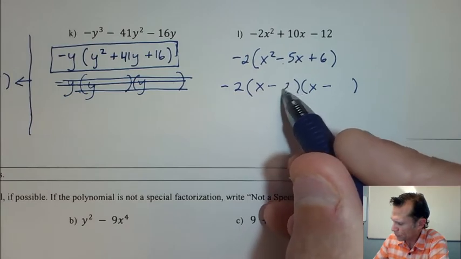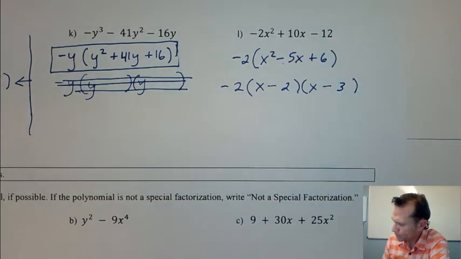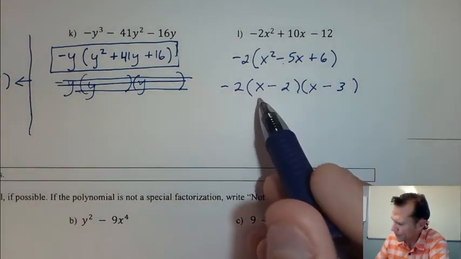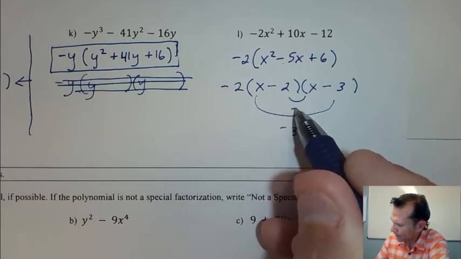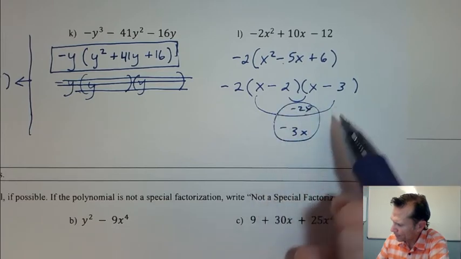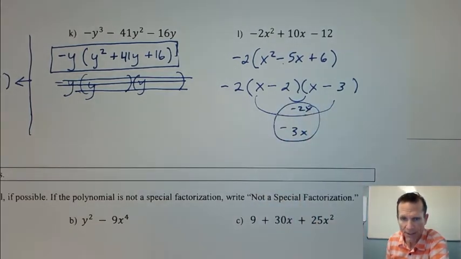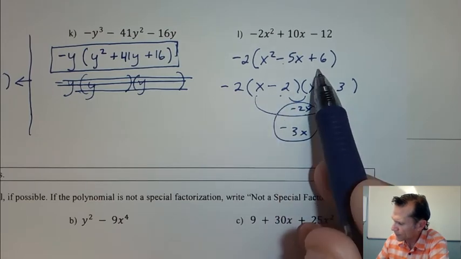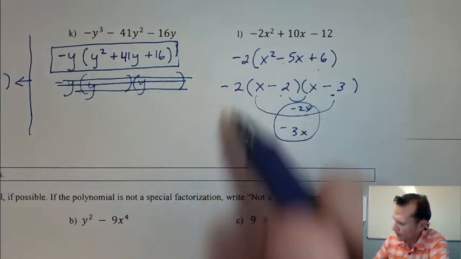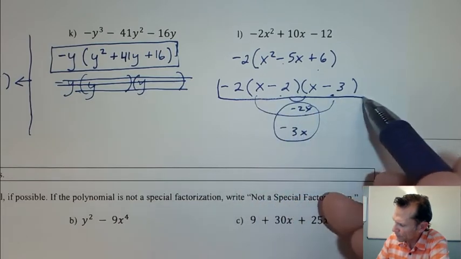But if I use a 2 and a 3, that's going to work out, because here I'll get negative 3x, here I'll get negative 2x, and that produces the middle term of negative 5x. And here negative 2 times negative 3 is positive 6.